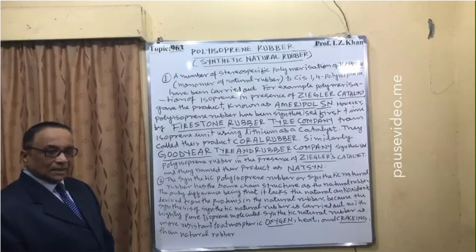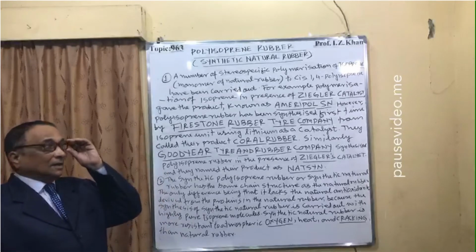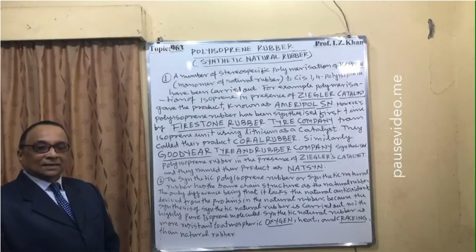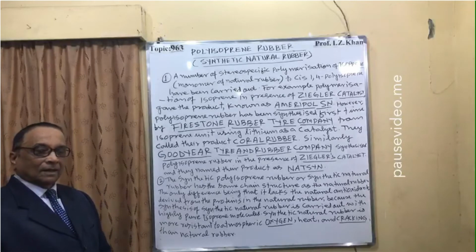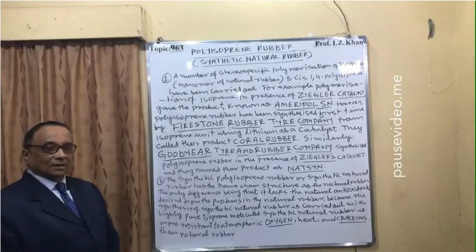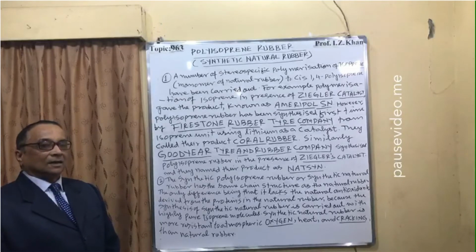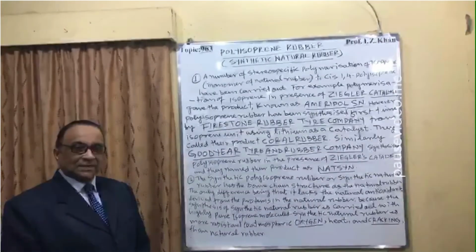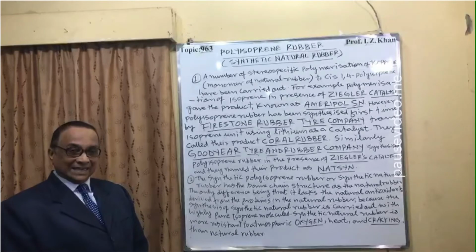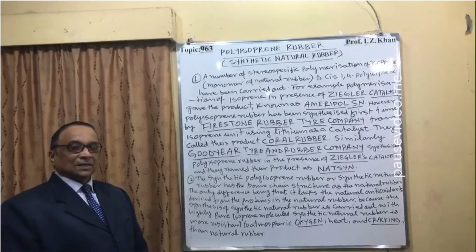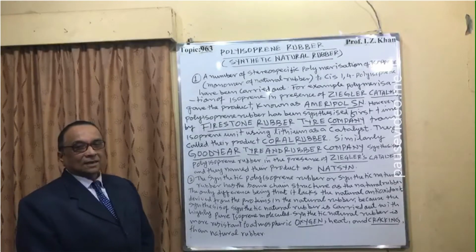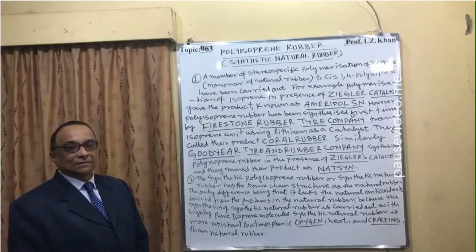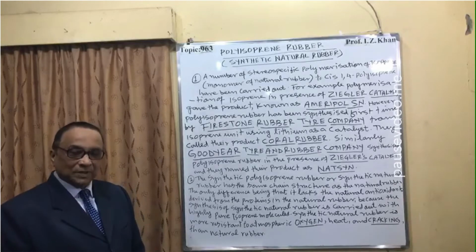Number 2, the synthetic polyisoprene rubber or synthetic natural rubber has the same chain structure as natural rubber. That's why it is called synthetic natural rubber, because this synthetic rubber is made out of polymerization of C5H8 isoprene units, which is natural, because natural rubber is the polymerization of isoprene units.